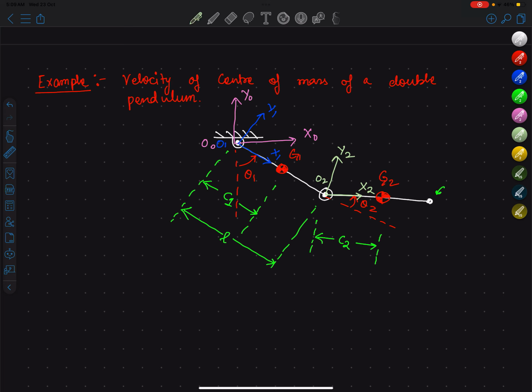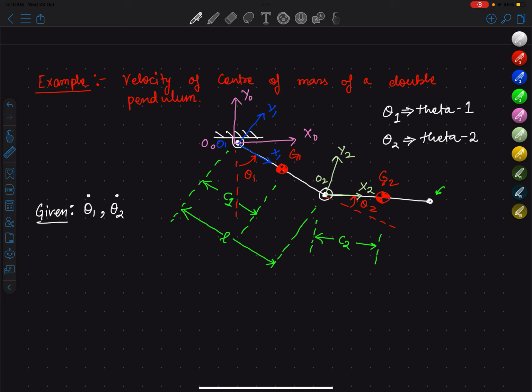So what we want to do is that we know theta 1 and theta 2. We also know theta 1 dot and theta 2 dot.